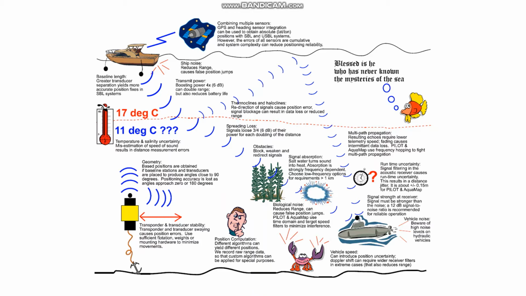In this tutorial, we'll aim to give you a basic understanding of sound propagation in the sea, and we are dividing this tutorial into 3 parts. In the first part, we'll look at how sound really propagates in the sea, what the factors are that affect detection range.